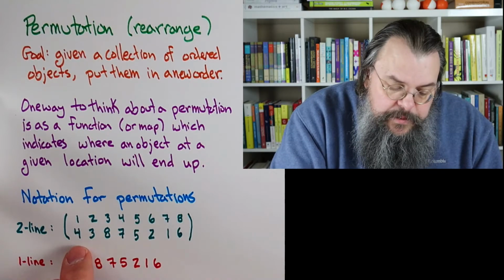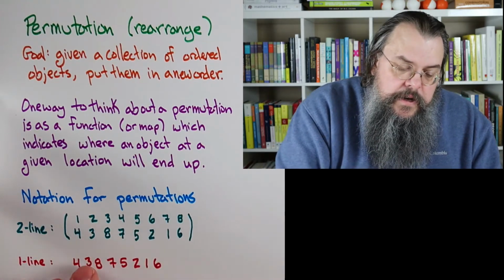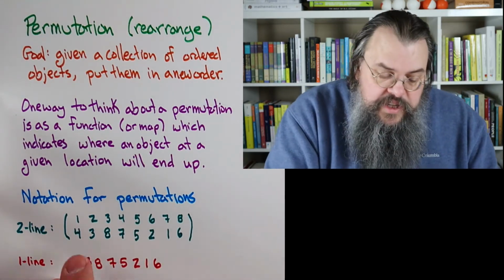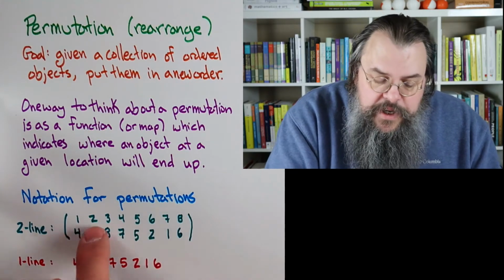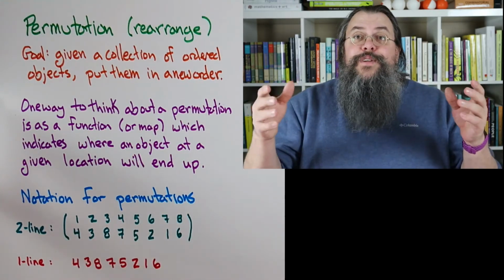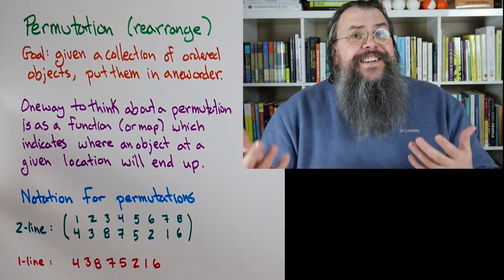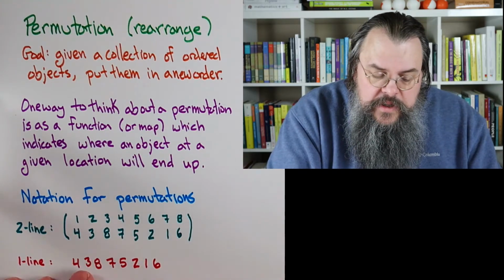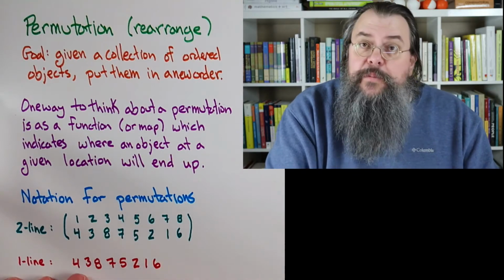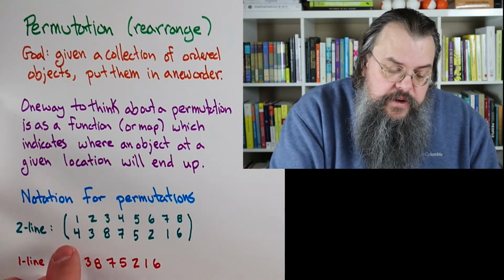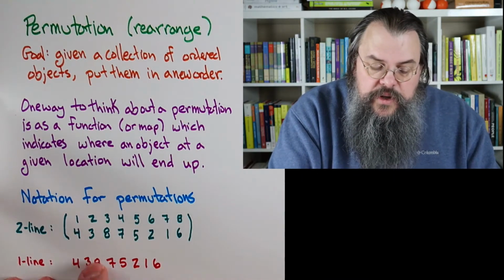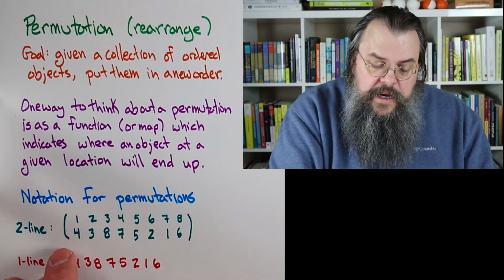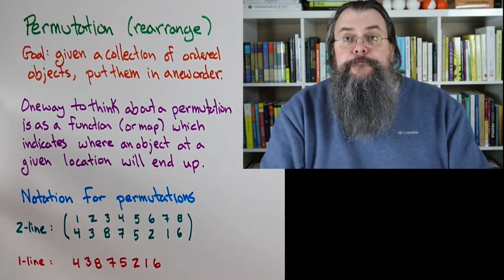So for the same permutation here, you just take that second line. The first line is pretty obvious: 1, 2, 3, up to 8. So it's kind of redundant. And so you can imagine going back and forth. If I had just the one-line notation, that's my bottom line. So I realize that, okay, 1 goes to 4, 2 goes to 3, 3 goes to 8, and so forth and so on. I could put those numbers there again.